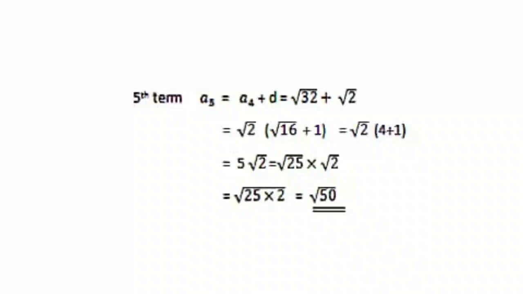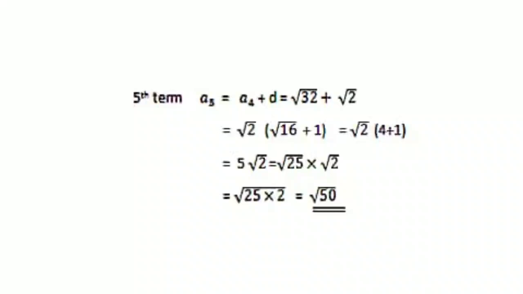Therefore A5 is equal to A4 plus D, where A4 is root 32 and D is root 2. So A5 is root 32 plus root 2.